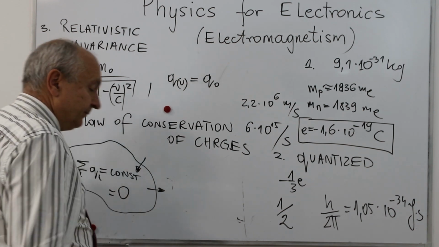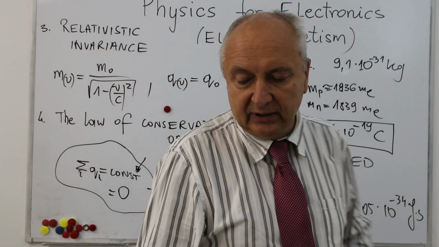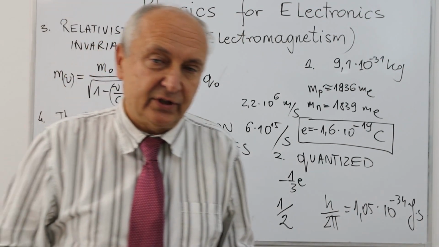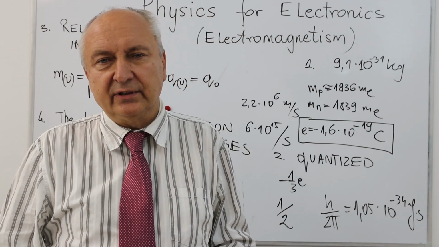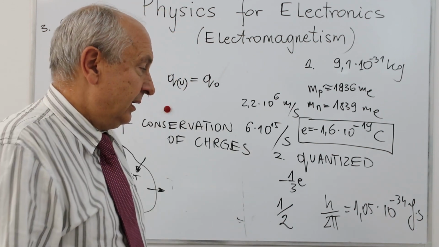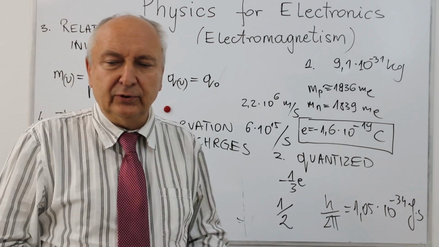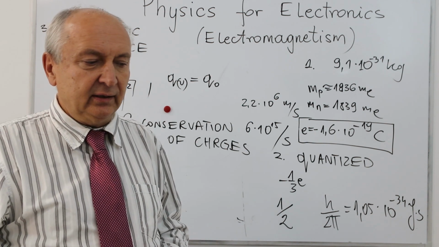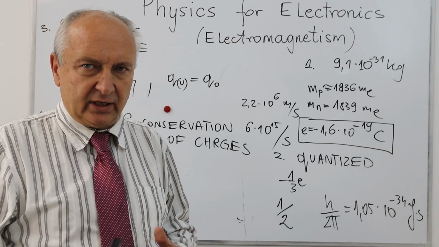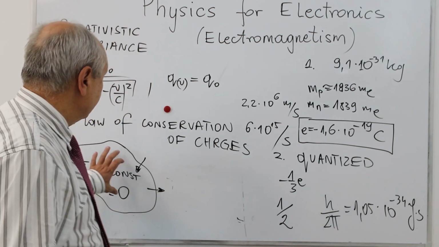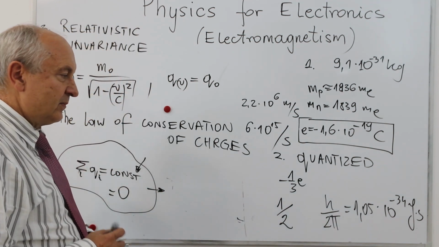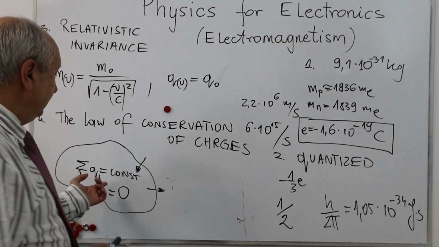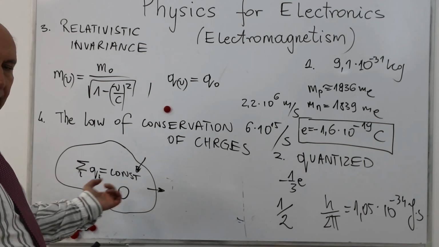That means that the number of positive charges and negative charges is the same. And there is no phenomenon in which we can destroy the charge. For example, we want to destroy an electron. We can't, because this will change the sum.